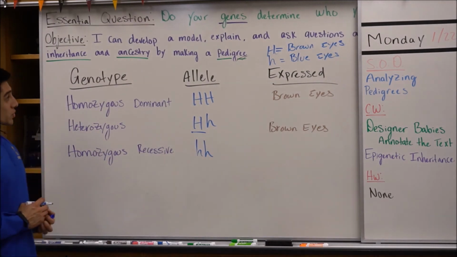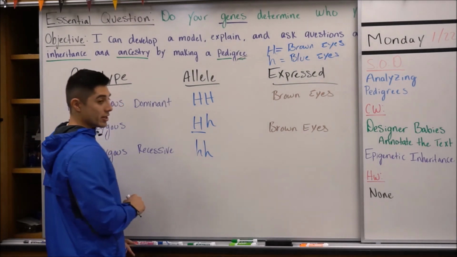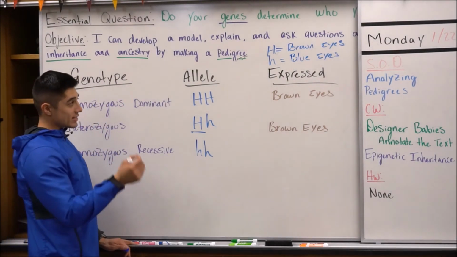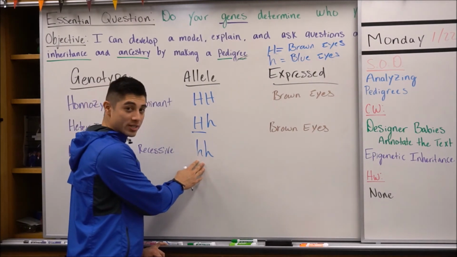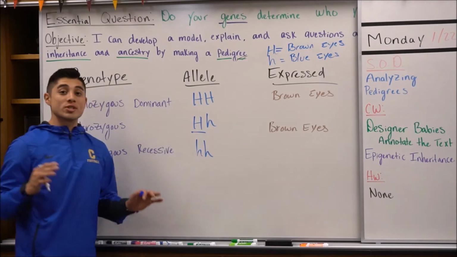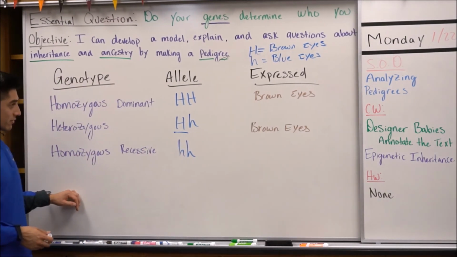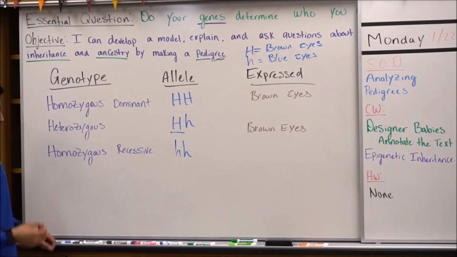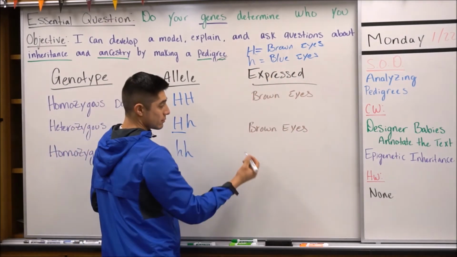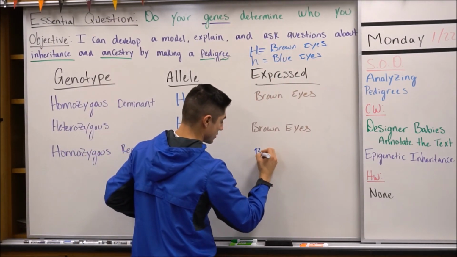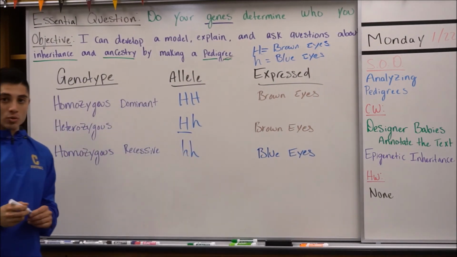If there's no uppercase letter, no dominant allele, then the recessive trait is expressed. This is the only time the recessive trait is expressed, when there's no dominant allele for it. So what's the phenotype for this individual? They're going to have blue eyes.